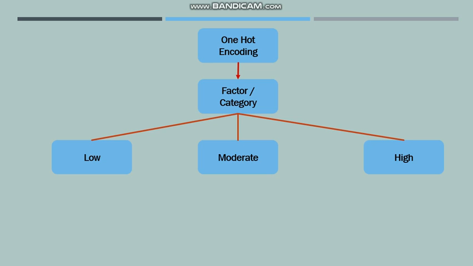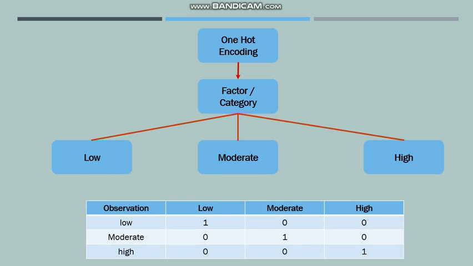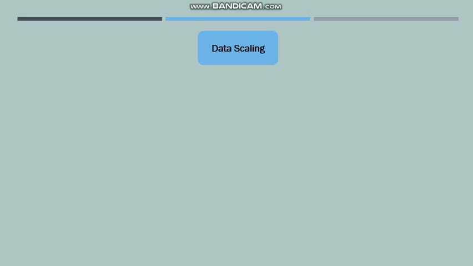So how can we treat this? Using the technique one hot encoding, we divide the categories into separate columns, and use 1 and 0 for whether the category is present or absent.